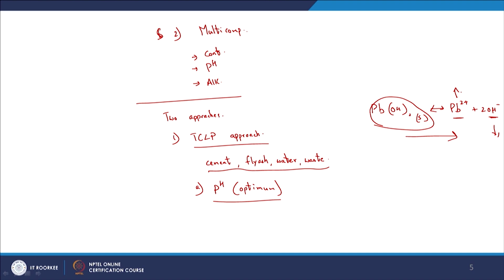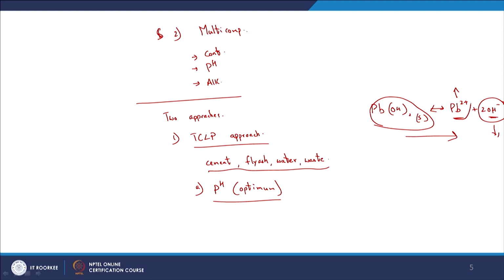But to see to it that the Pb2+ concentration does not cross a certain threshold, you will see to it that the initial pH is high enough that even after decreasing the OH- by adding the acid, the final Pb2+ concentration will not be higher than the relevant threshold. So, that is what we are saying when we are looking at the optimum pH.